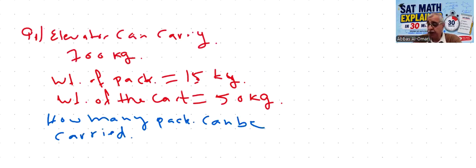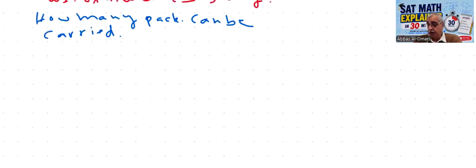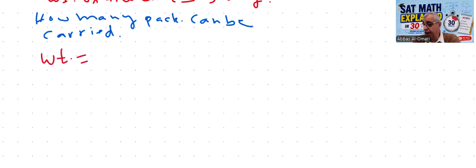So we have to express the information given in this problem into an equation. We have the weight carried by the elevator equals the cart weight, which is 50 kilogram, plus packages weight, which is 15 per package, by the number of packages.